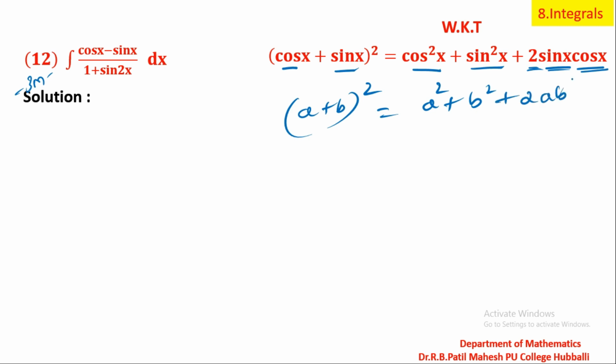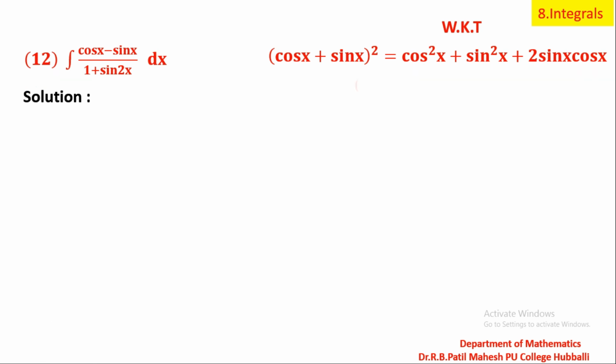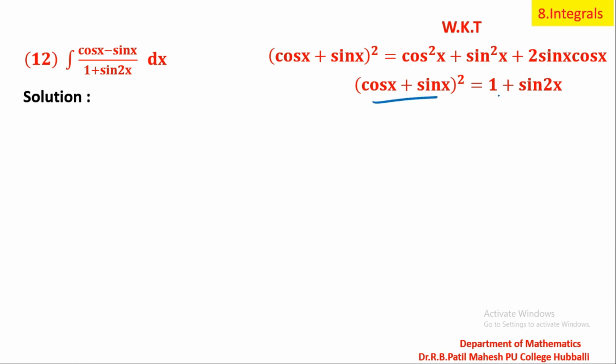After that, from trigonometry you all know this identity: I replace sin square x plus cos square x by 1. So 1, and 2 sin x cos x is sin 2x. So what are you going to get? Cos x plus sin x the whole square. Finally we arrived at 1 plus sin 2x.